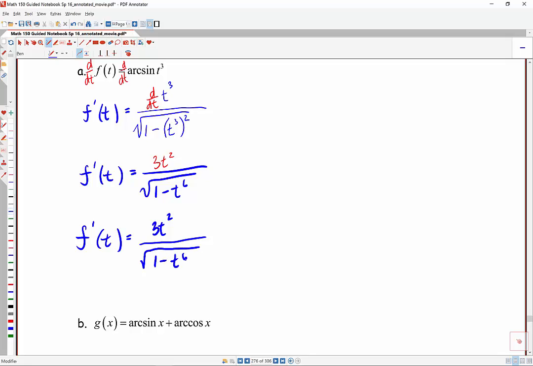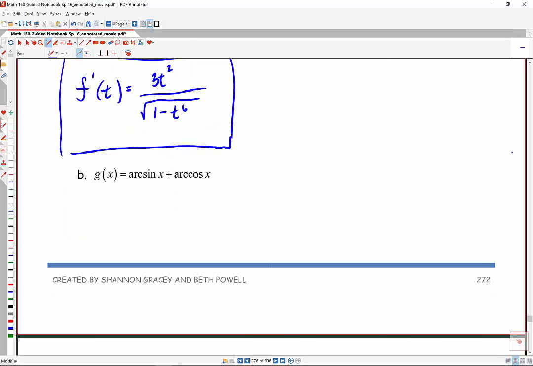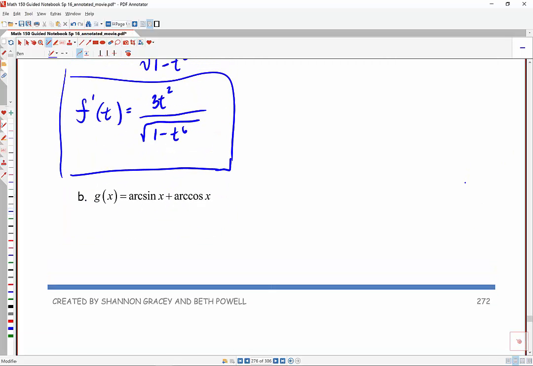Awesome. All right, so here we've got arc sine at x plus arc cosine at x. Differentiating both sides with respect to the independent variable x, we'll have g prime at x is equal to, remember, this derivative is going to be 1 over the square root of 1 minus x squared.